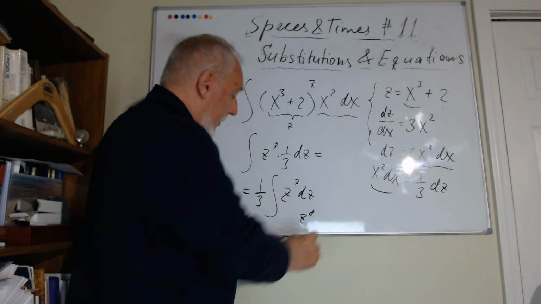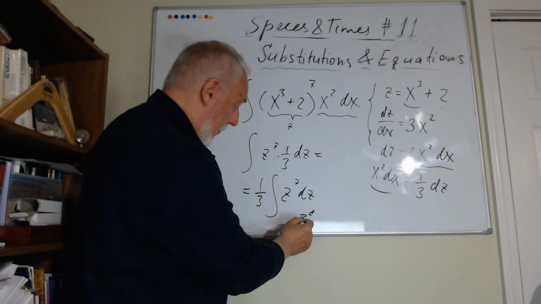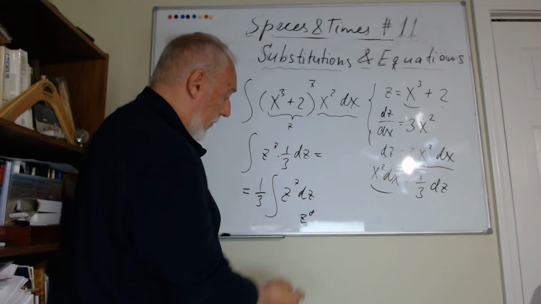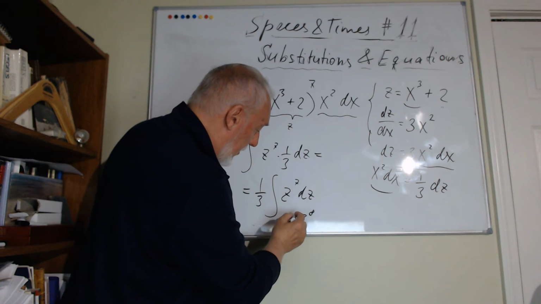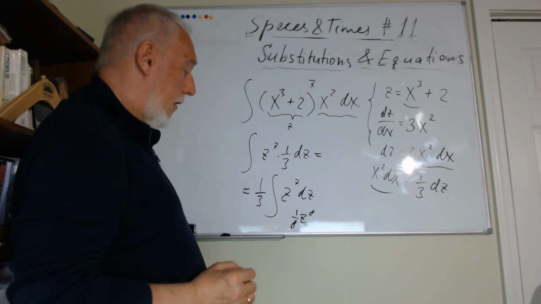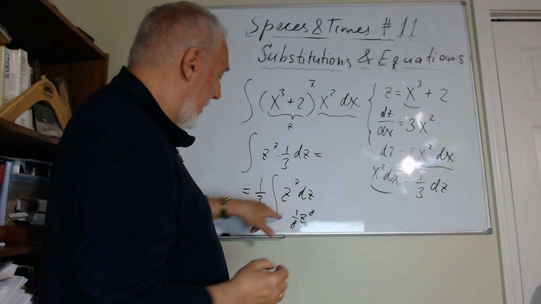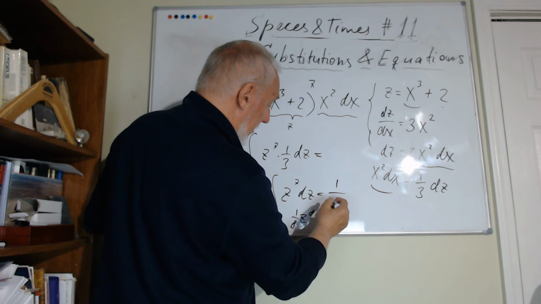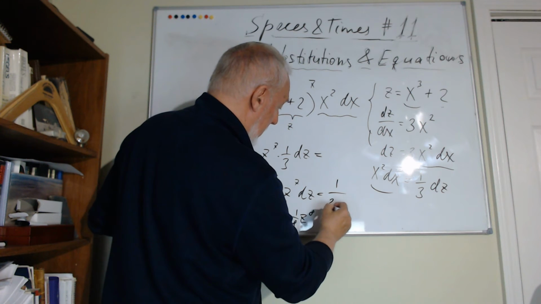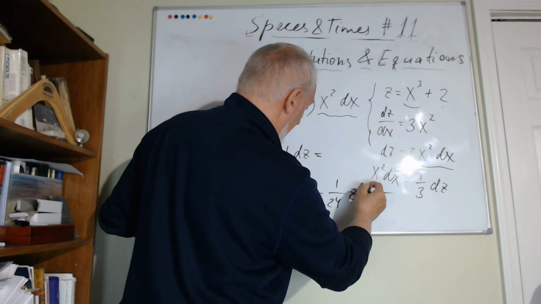But you want z to the 7, so z to the power of 8 over 8. So this is this, and with 1/3, we have 1 over 3 times 8, which is 24, times z to the power of 8.